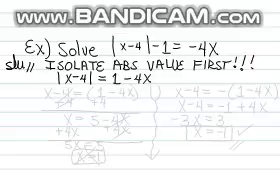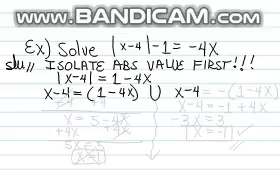The expression inside the absolute value, x minus 4 without the absolute value, is going to be equal to the positive of the other side, 1 minus 4x, union together with x minus 4 also equal to the negative of the stuff on the other side, 1 minus 4x. This is by the absolute value definition.